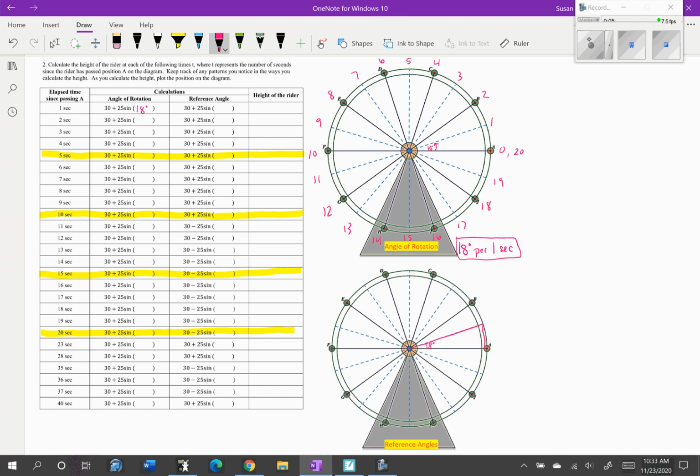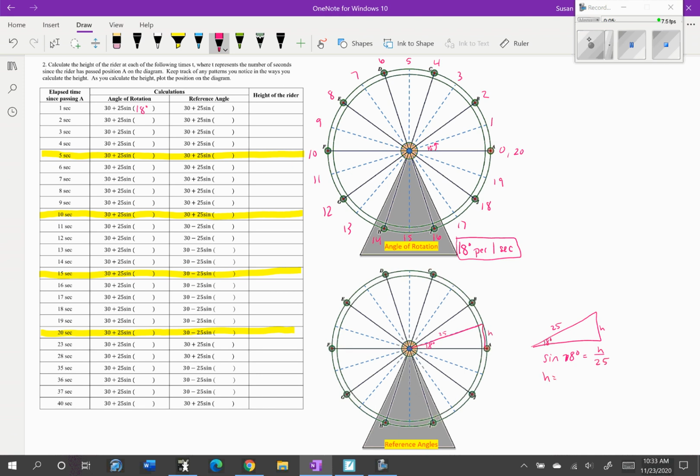We know that the radius is 25. Again, you're trying to solve for h and you're adding that 30 to your equation. So remember that for this triangle here, we have 18 degrees, h, and 25. So the sine of 18 degrees is equal to h over 25.